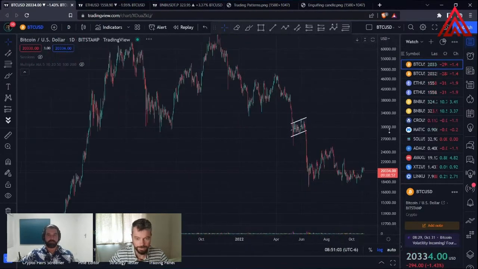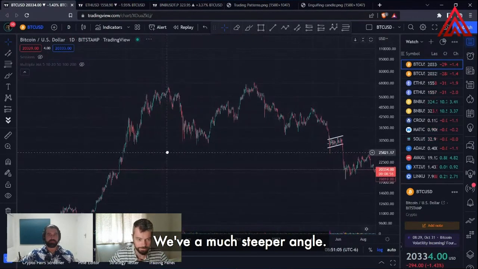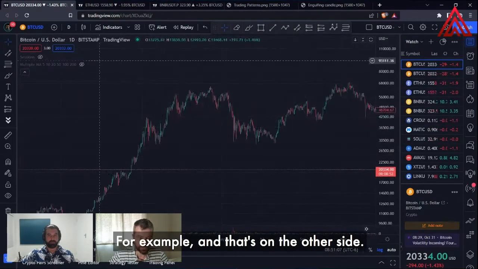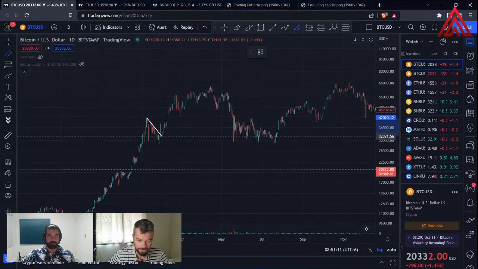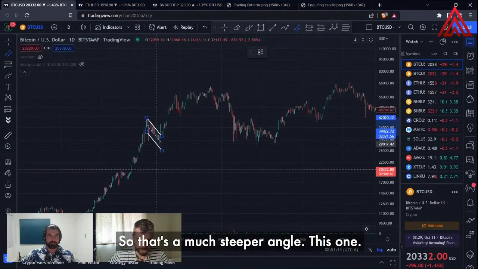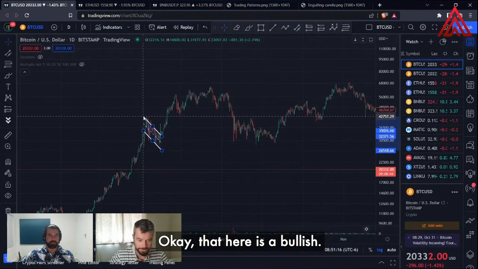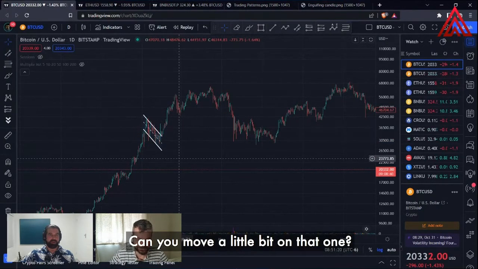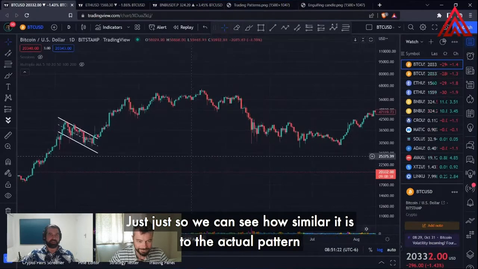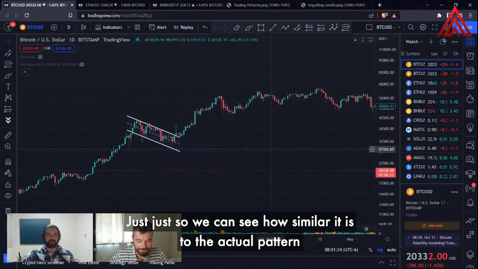Here there is another one with a much steeper angle, and that's on the other side. But here is a bullish flag. Zoom in a little bit on that one, just so we can see how similar it is to the actual pattern that you were showing. Yeah.